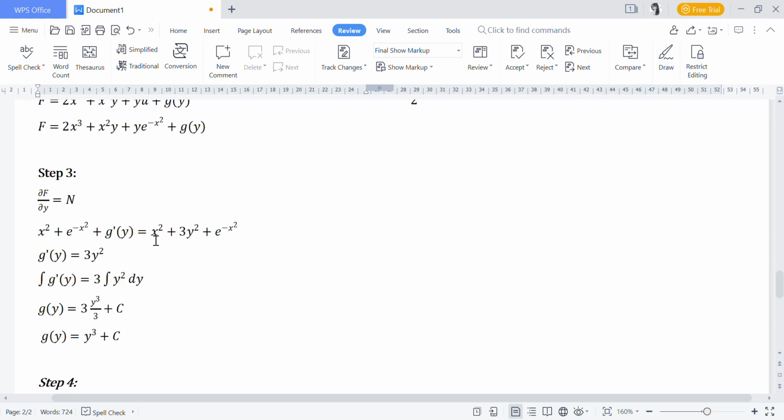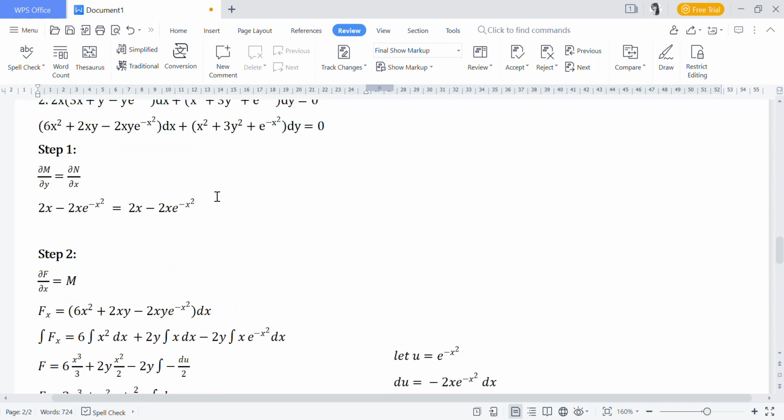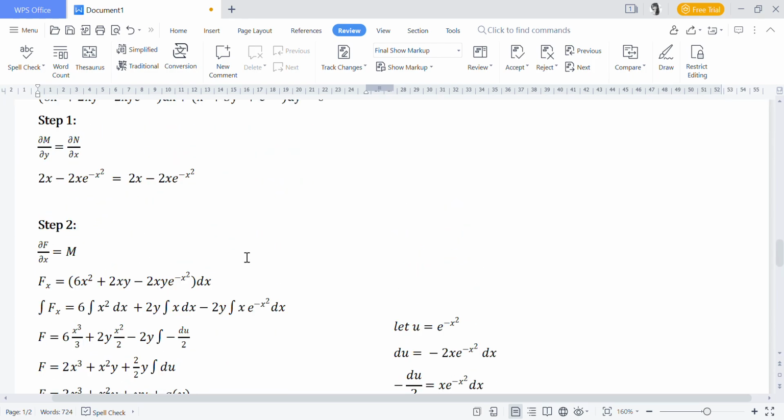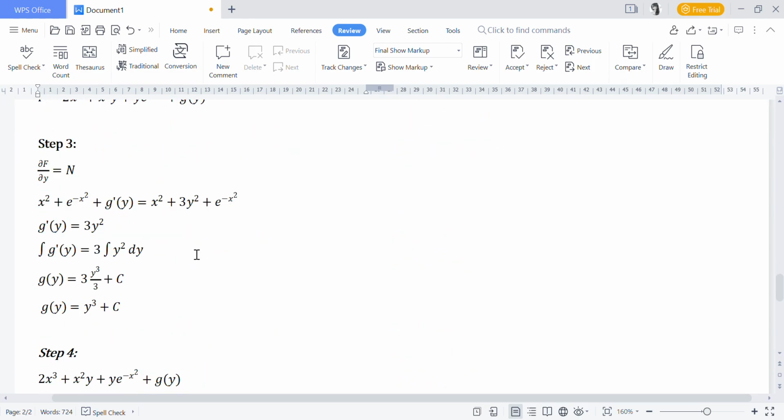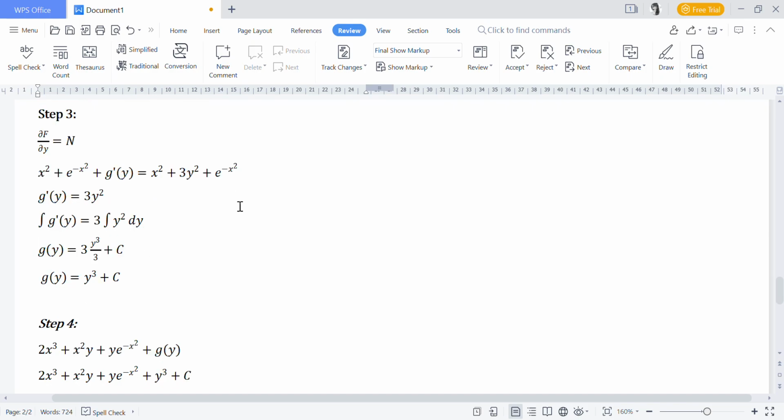Then this is equal to N, which is this equation. So we'll just copy that. We have x squared minus 3y squared plus e raised to negative x squared. Now, so that we can get the g of y only, we're going to integrate both sides.